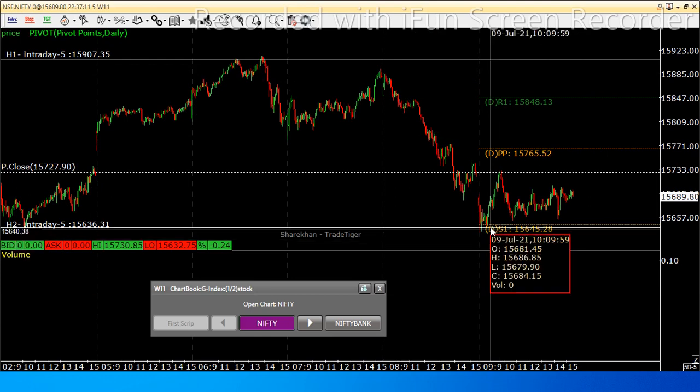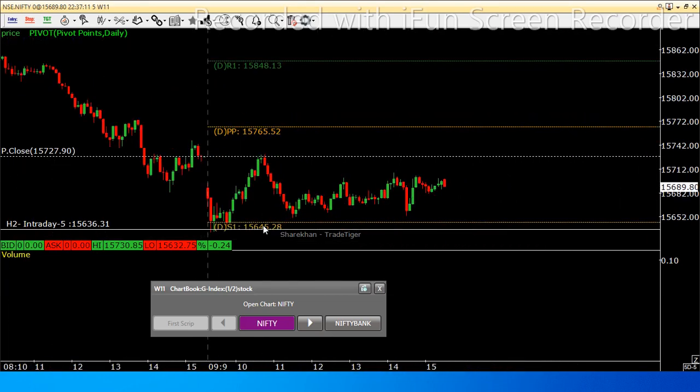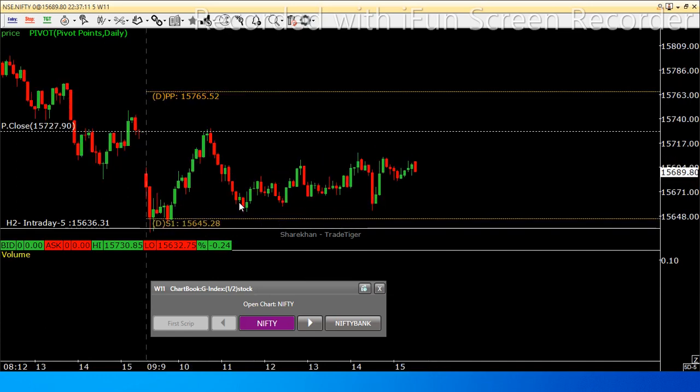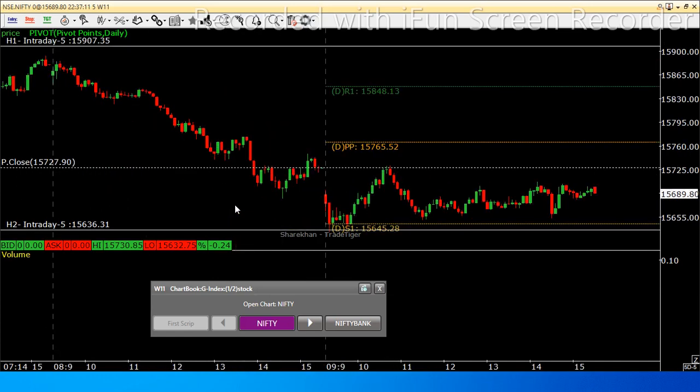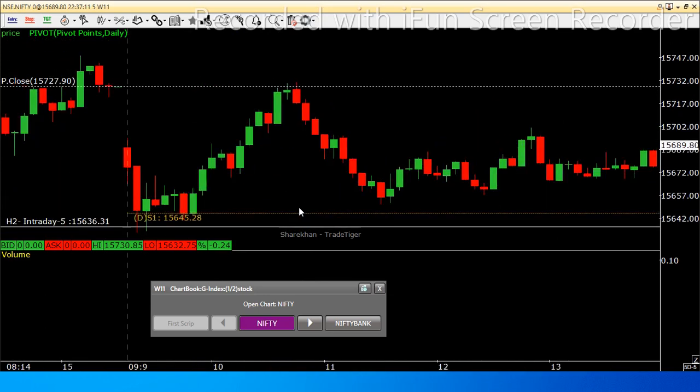Finally today we also opened gap down, but look at how to identify that there is going to be a break and a reversal. What we understand here is that the price action has been made very clearly over here. This is the chart, if you can see.